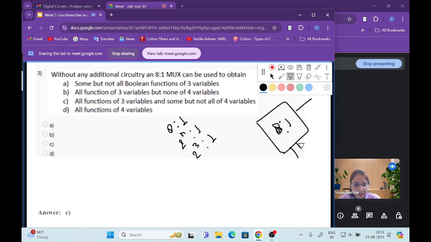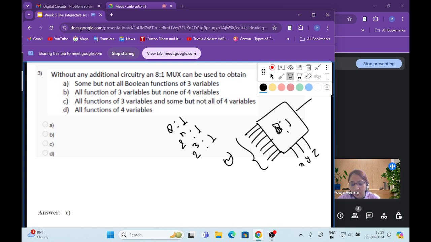Three selection lines will be there because n is equal to 3. So you can write it x, y, z, and here 8 input lines will be there. So three variables for sure we can make, but without any additional circuitry, if we give one input, we can make some but not all four variables.